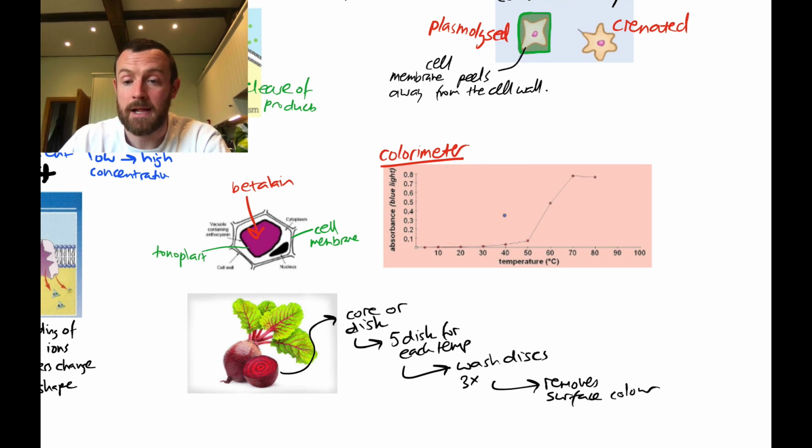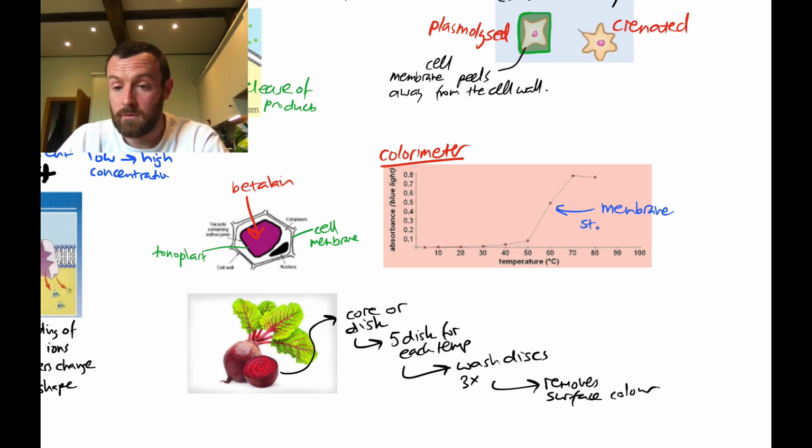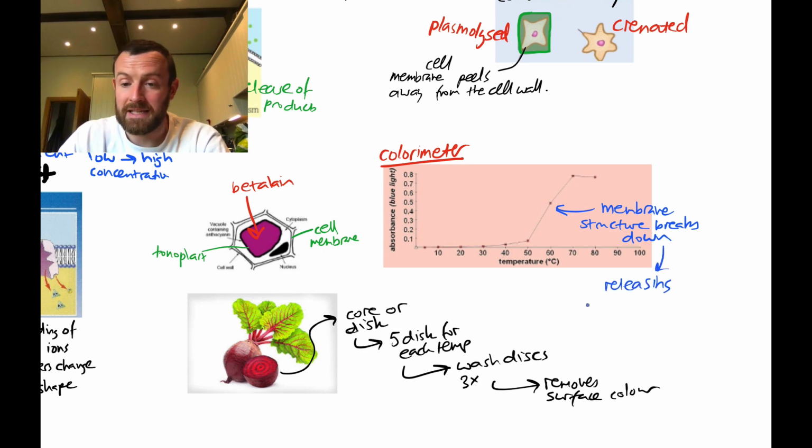Why on earth is that? That's because around this temperature, the membrane structure starts to break down, releasing the betalain.